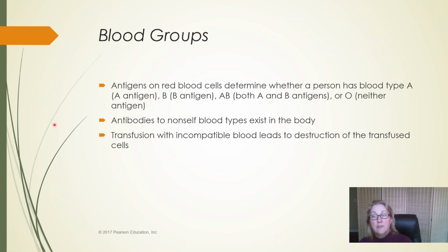So if your blood type is O negative, you don't have the A, B, or rhesus positive antigens on the surface of your red blood cells, so your blood could be given to anybody, and they won't react to it except for the very rare types. There's a few very rare types that would even react to O negative, but they're less than 1% of the population. But this is an important concept for people who are going into the medical field.